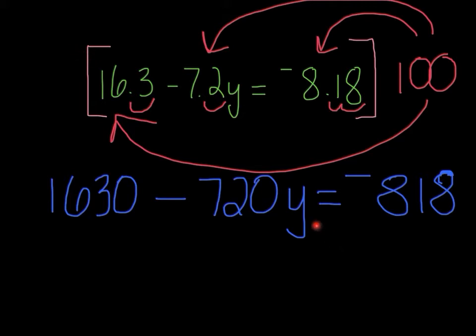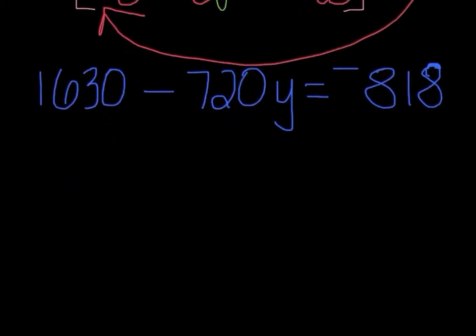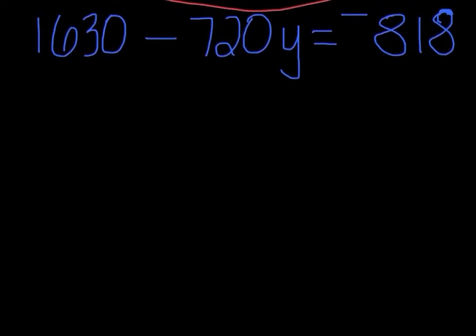So I'm just going to shrink my work down a little bit and move it up top. From here, I have the sort of equation that I'm very used to working with. Remembering that the goal is always to isolate my variable, I'm going to try and get this 1,630 away from my variable, which is the y.